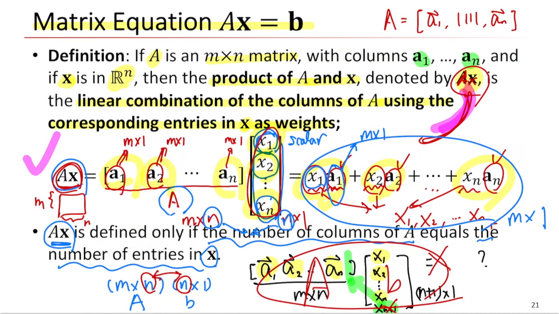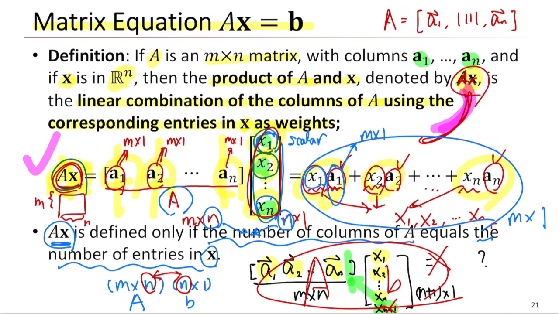Then we will talk about the matrix equation Ax equals b. Here was the definition: the matrix A times the vector x can be represented using the column vectors of A and each entry in the vector x.